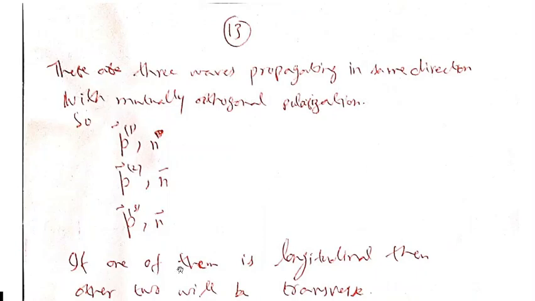And with the help of these two vectors, one is the propagation vector, which is denoted by small n, and the second one is the polarization vector, which is p, we will define our longitudinal wave and transverse wave.